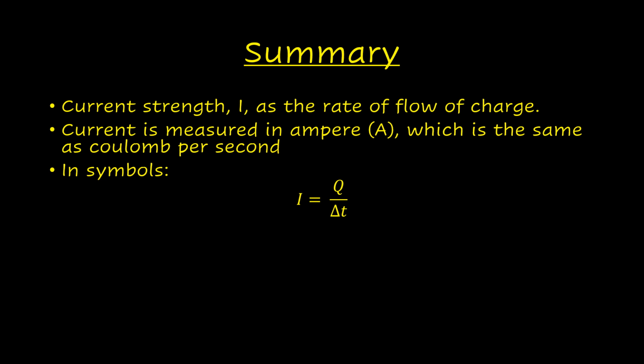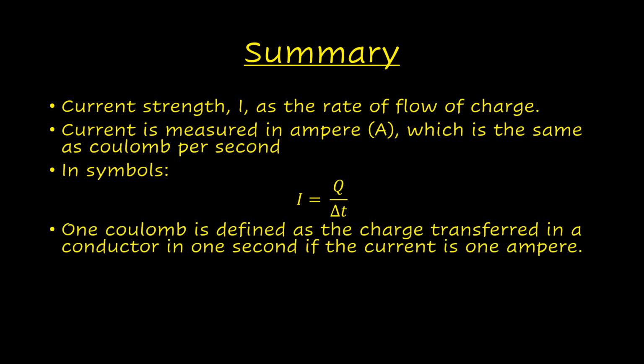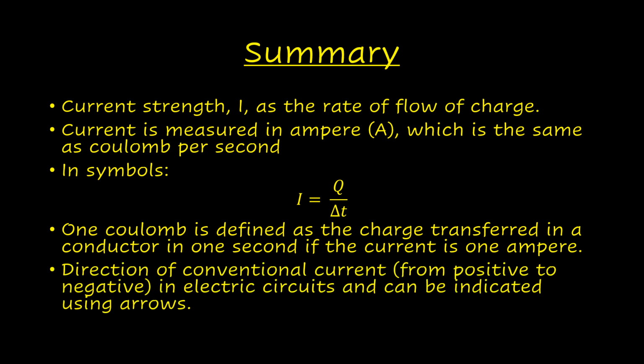We also saw that 1 coulomb is the charge transferred in a conductor in a second if the current is 1 ampere. And we said that the direction of conventional current is always from the positive terminal to the negative terminal of the battery. And we demonstrated how arrows in a circuit diagram can be used to show this direction.